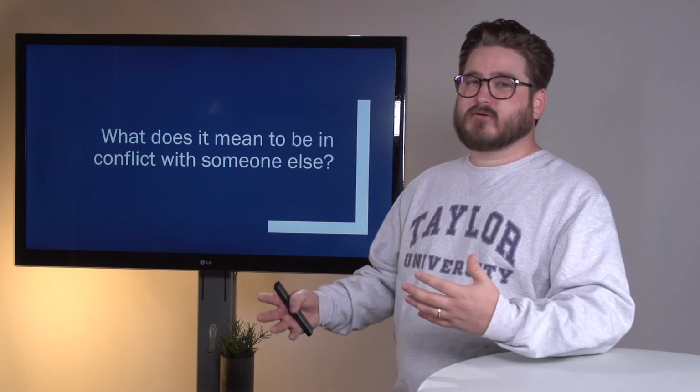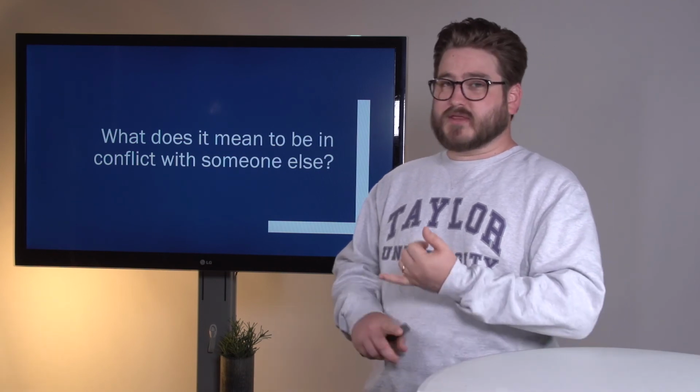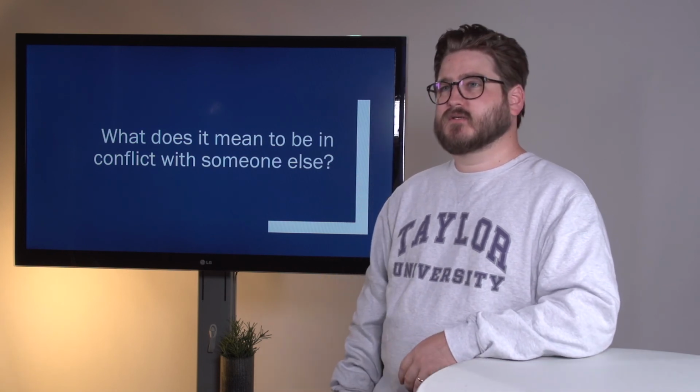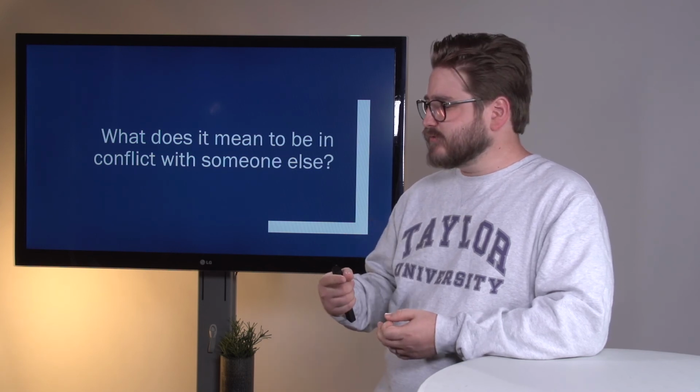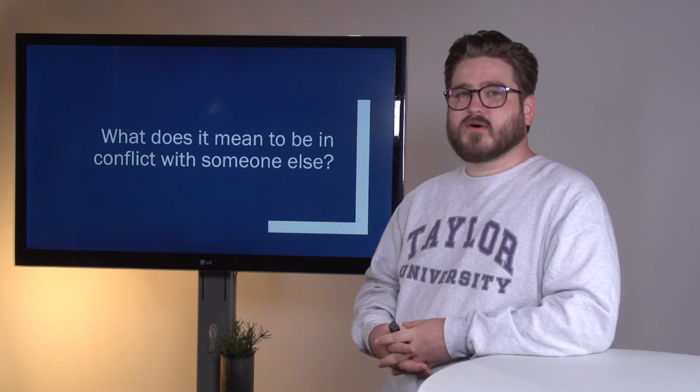I create boundaries and constraints around what I think about that person, how much I want to spend time around them, how I feel when I'm with them. And I can start to resent that person. I can start to avoid that person because I've defined something as conflict. I've decided we're in conflict here.